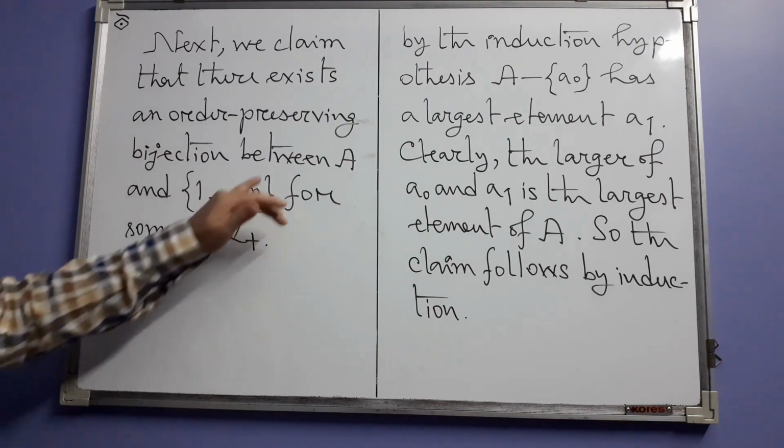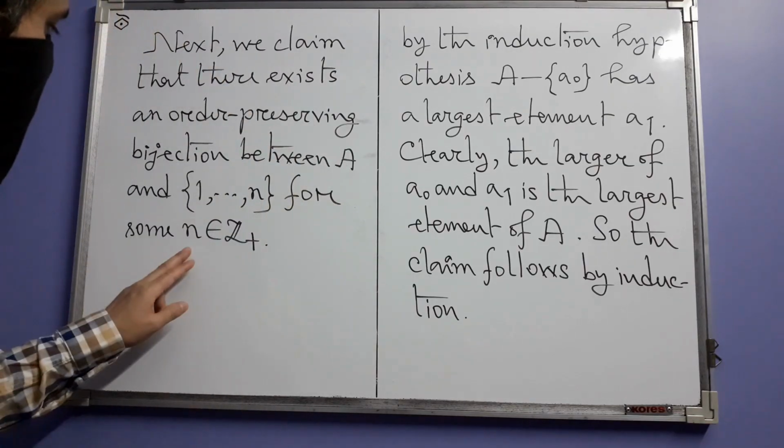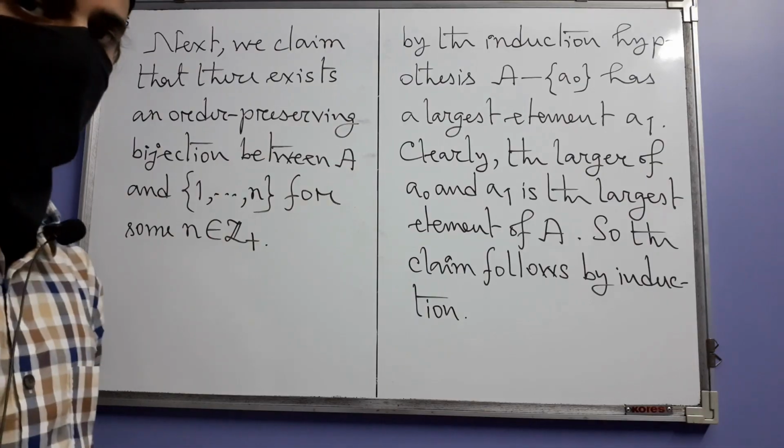Actually, although we are saying here for some, we know what this n is. This n has to be the cardinality of A.